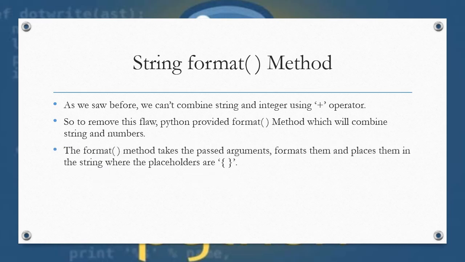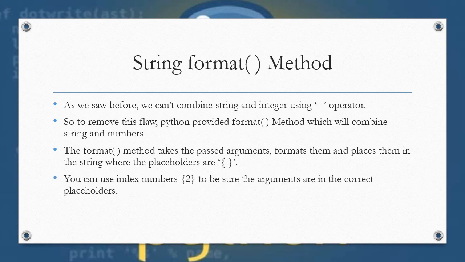The format method takes the passed arguments, formats them, and places them in the string where the placeholders are in curly brackets. You can use index numbers to be sure the arguments are in the correct placeholders. Now let's see an example to gain more knowledge about this format function.